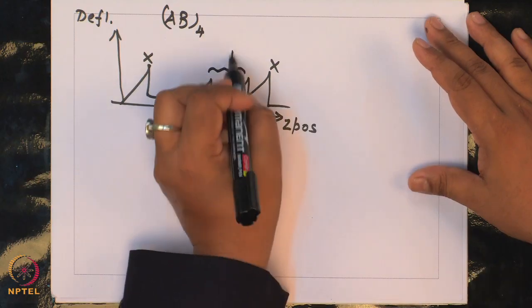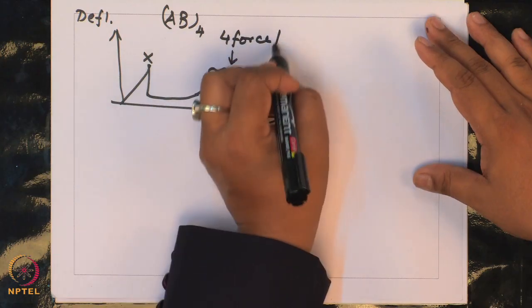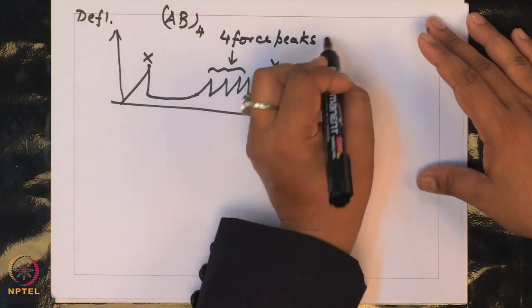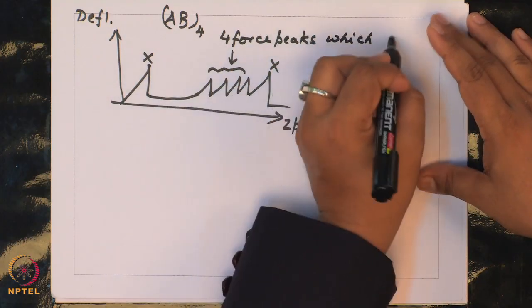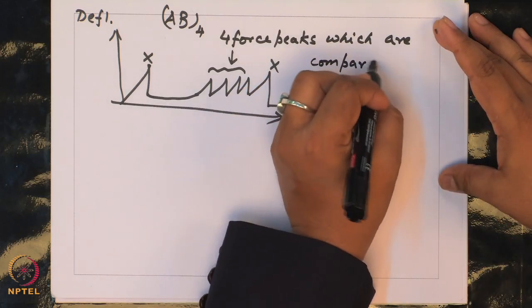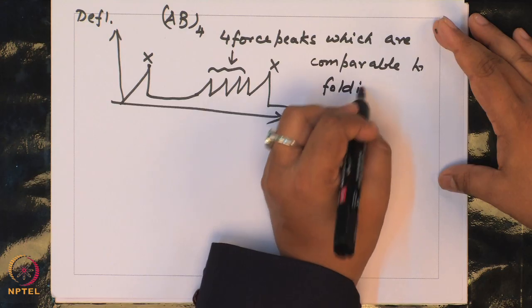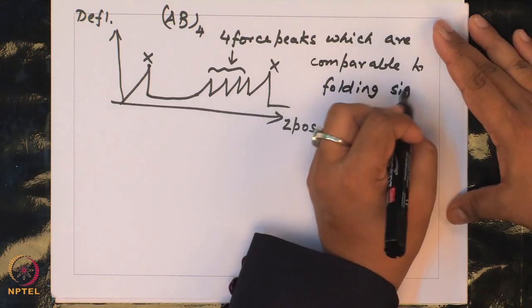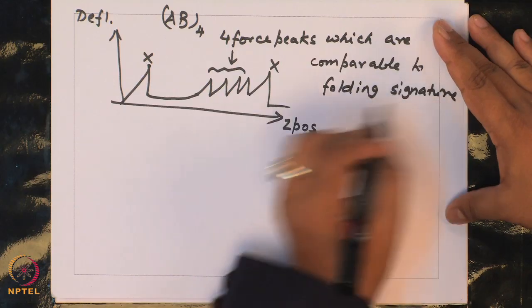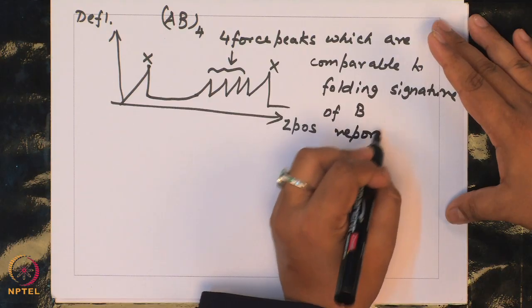So, you have these 4 force peaks, which are comparable to the folding signature of B reported in literature.